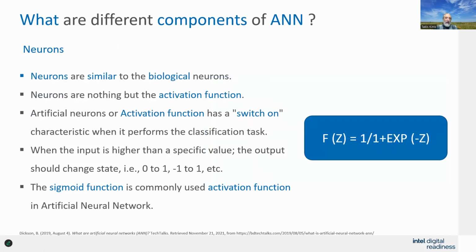All right, so neurons are similar to biological neurons. They are nothing but the activation function, so they have to trigger on, in other words, to be used to do a task, right? So if they're not triggered on, we don't follow that pathway, they're not used. We will have basically a change of state, like if we follow a pathway, we'll use the number one perhaps.